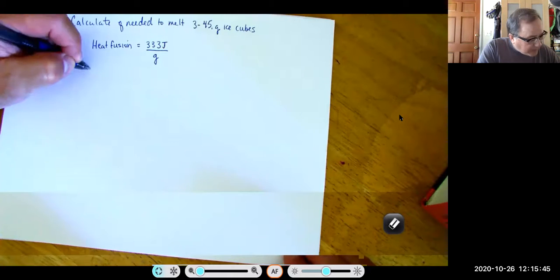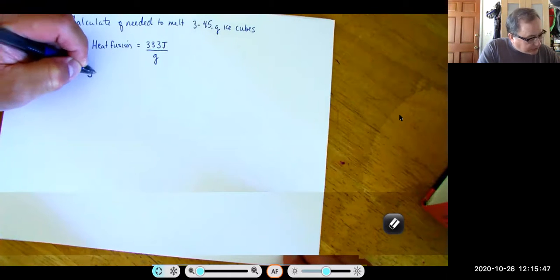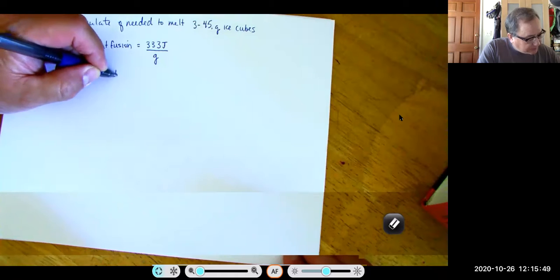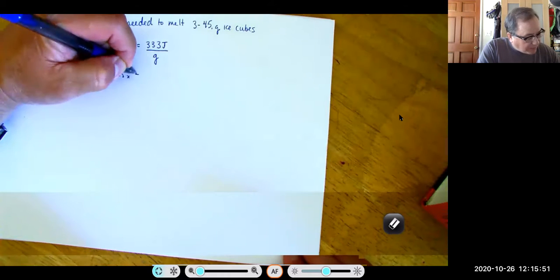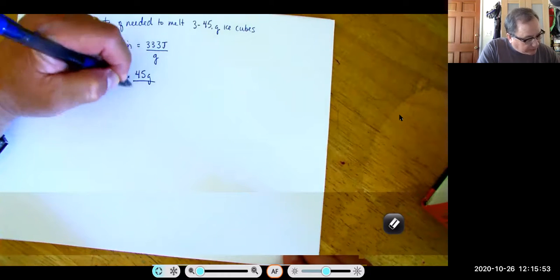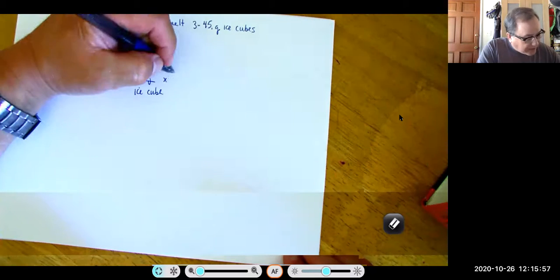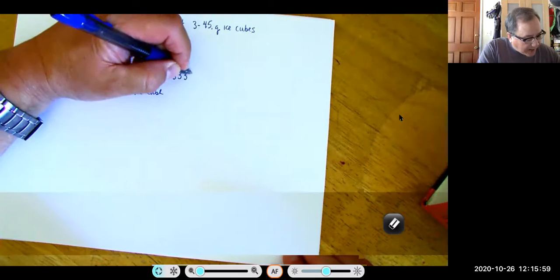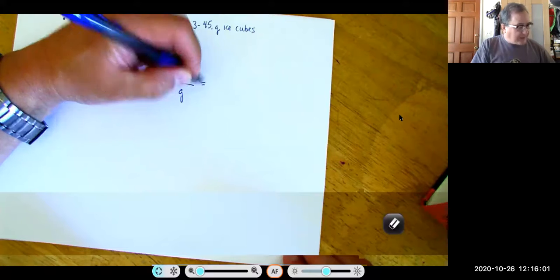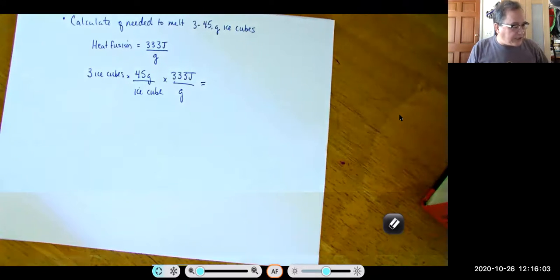So if we have 3 ice cubes times 45 grams per ice cube times 333 joules per gram, that would give us the energy needed to melt the ice cubes.